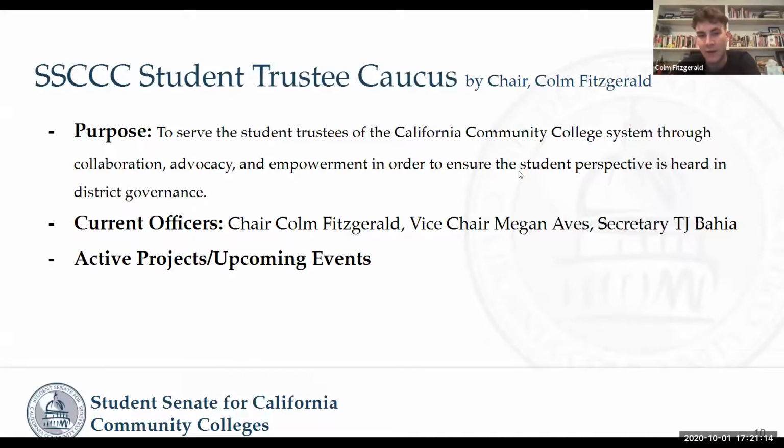Exactly the opposite. One of our goals is to address the inequities of the student experience. It's not just the inequities of the student trustee, it's every inequity of the entire student experience. That's why it's important that non-trustees, in addition to student trustees, join our meetings.